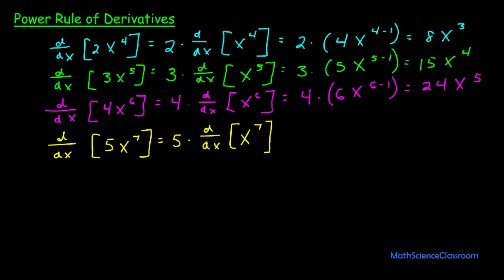Now what do we do? We apply the power rule, equals 5 times 7x to the 7 minus 1, and that equals 35x to the sixth power.